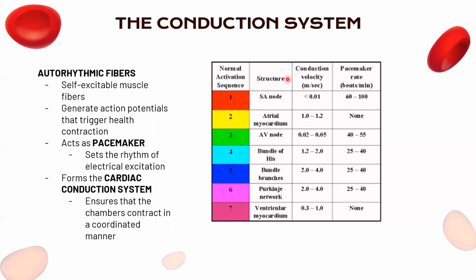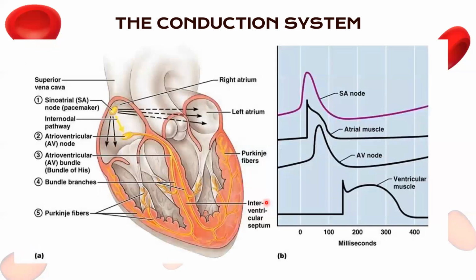The structures involved in the conduction system start with the SA node, which is the main pacemaker. The SA node then spreads to your atrial myocardium, AV node, bundle of His, bundle branches, Purkinje network, and the ventricular myocardium. The SA node influences the AV node or atrioventricular node.